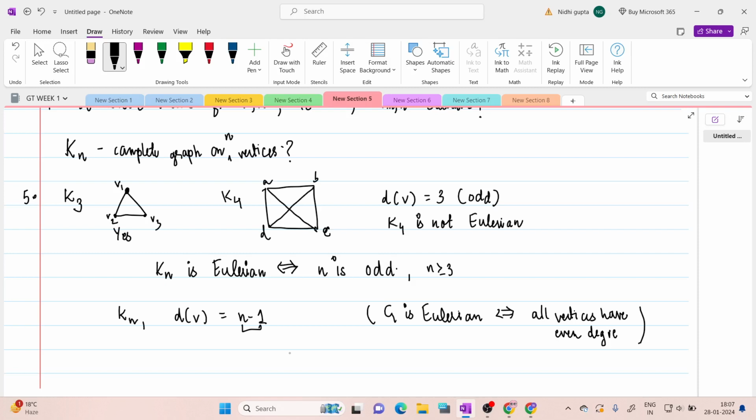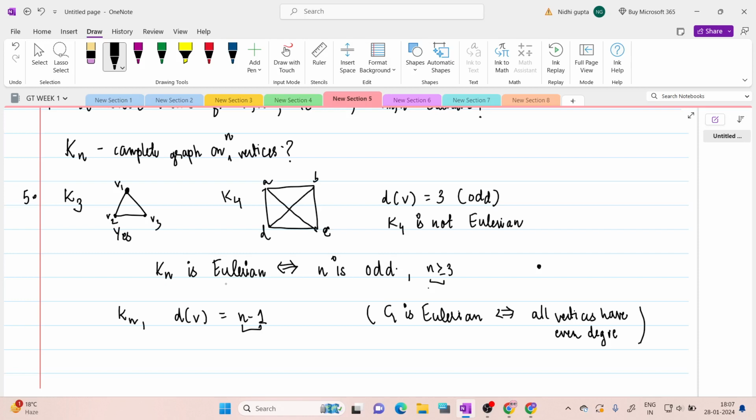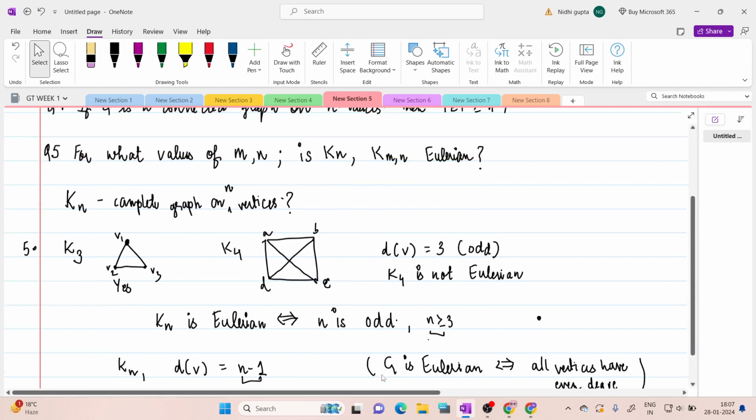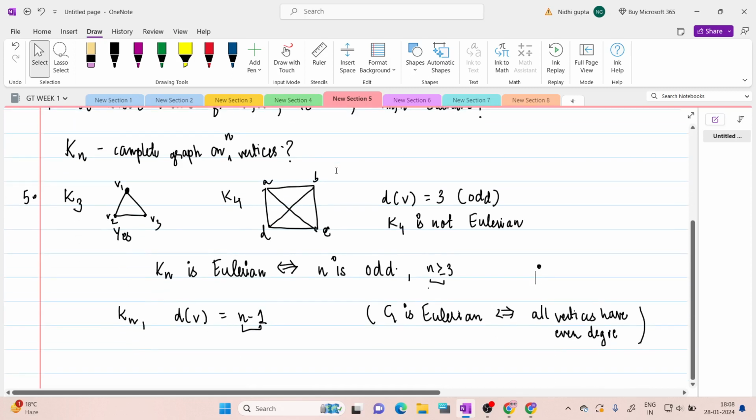Therefore, the claim is right that Kn is Eulerian if and only if n is odd. And we can also say that n is greater than or equal to 3, because if we have one vertex, we have no edges. Is this fine, that if Kn is Eulerian, n is odd? Because if n is even, then all the vertices have odd degree. So the question 5, which asks for what values of n is Kn Eulerian, the answer is for n odd. Is everyone convinced?